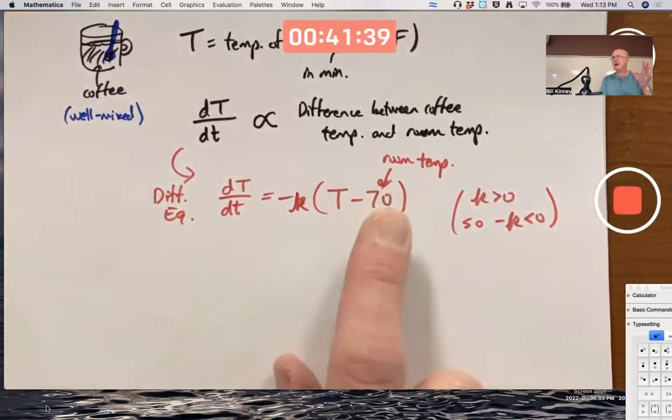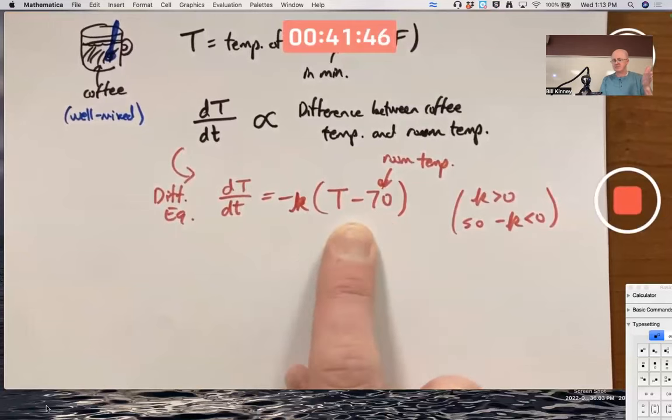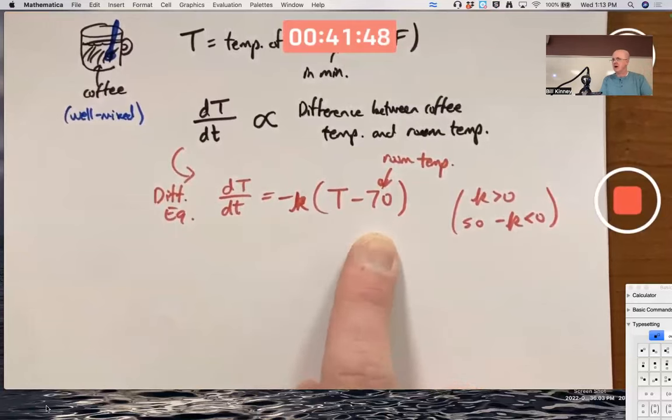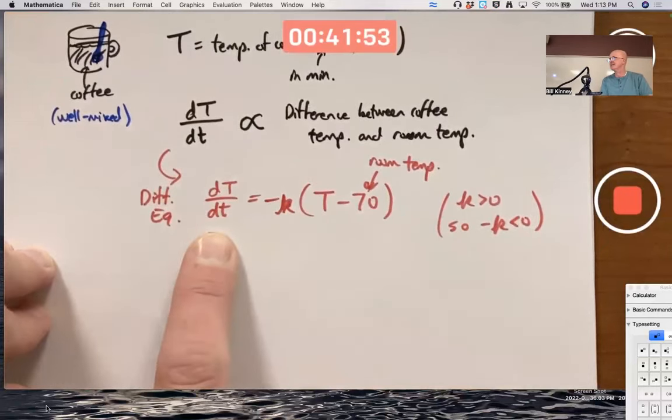However, 70 is a constant. It doesn't involve little t. You could divide both sides of this equation by capital T minus 70 and get all capital T's on the left after you also pretend you multiply both sides by d little t.